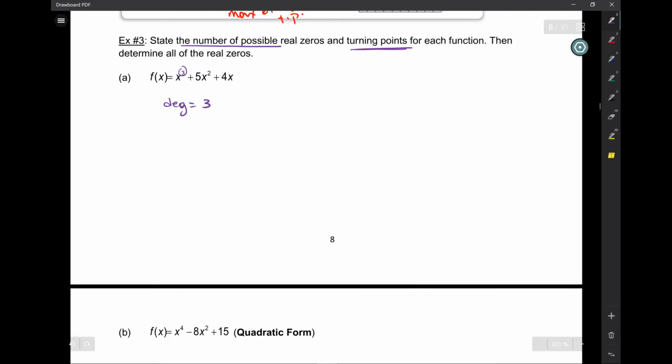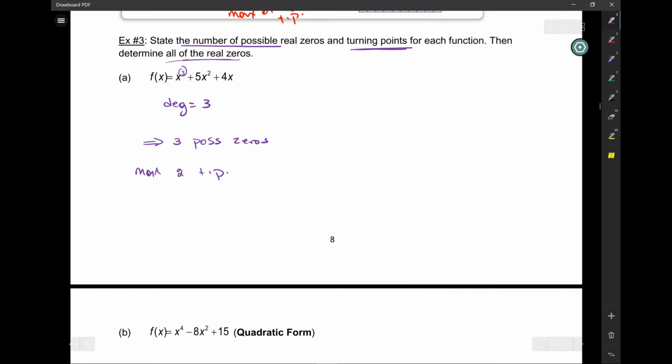All right, that means 3 possible zeros, and a maximum of 2 turning points.